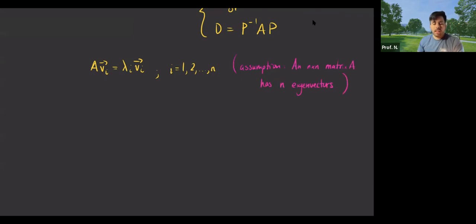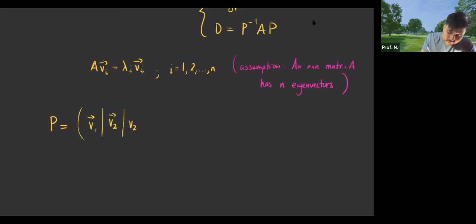And so what we do is we create this new matrix P. And what is P? P is a matrix whose columns are the eigenvectors.